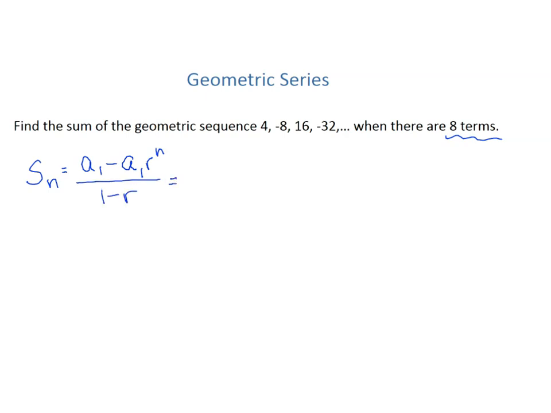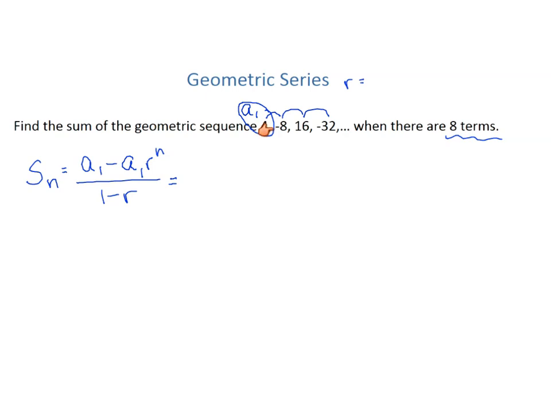Okay, so we're going to plug in. Let's figure out what our variables are first. a sub 1 is our first term, so that's going to be 4. r is what we multiply by to get from term to term. So 4 times what would give me -8?